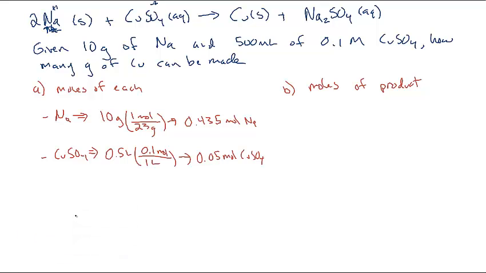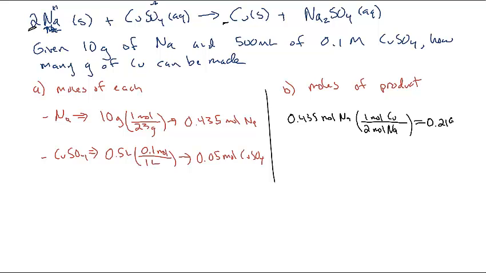So we use the mole ratios. For Na, I have 0.435 moles of Na. Well, from my balanced chemical equation, I know I need 2 moles of Na for every 1 mole of copper. So I get 0.218 moles of Cu.